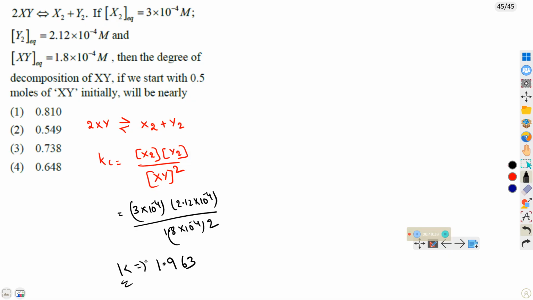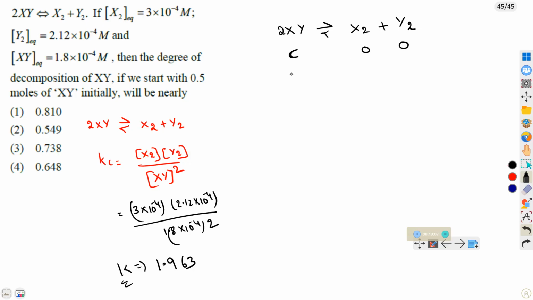Now consider the equation, starting with 0.5 moles of XY. Take the equation 2XY gives rise to X2 plus Y2. Initially only reactants are present, products are absent.